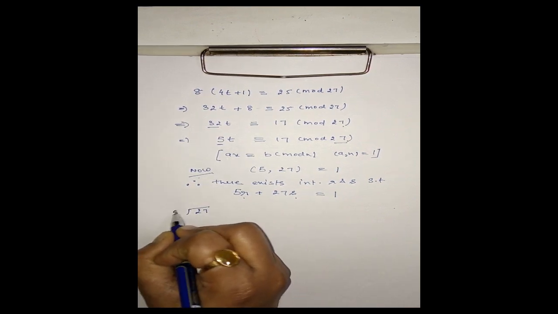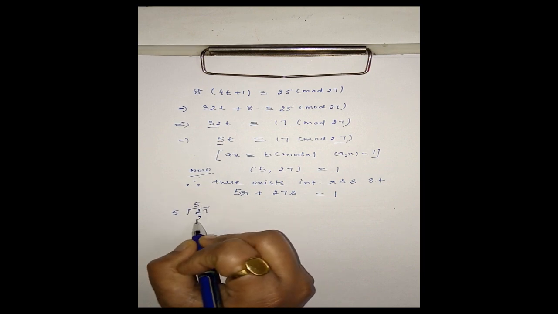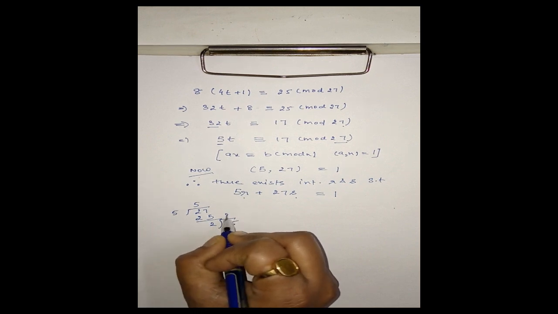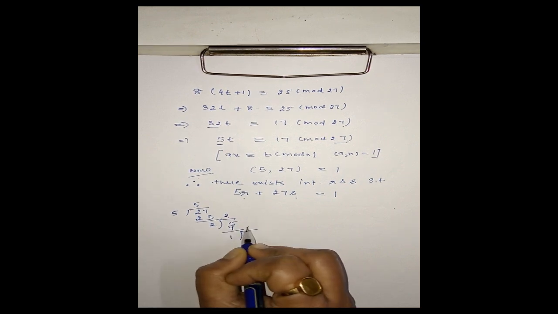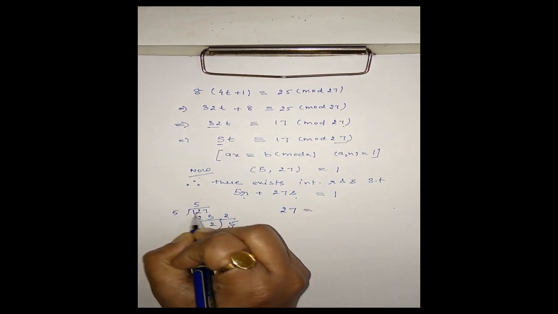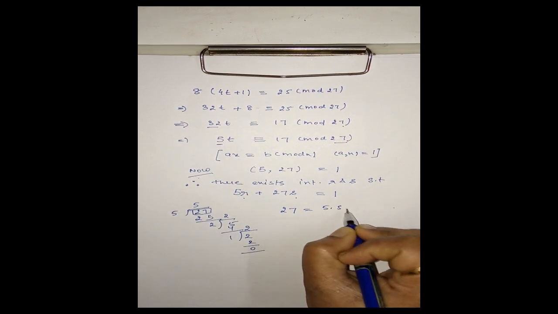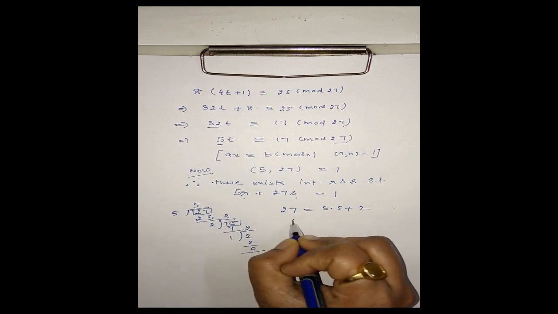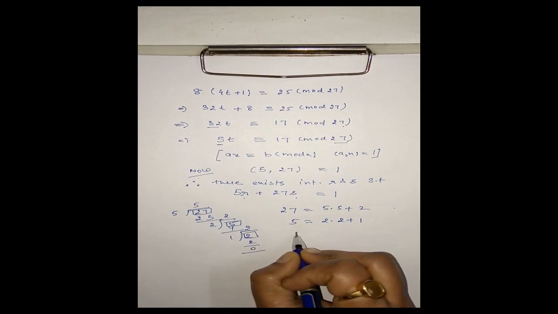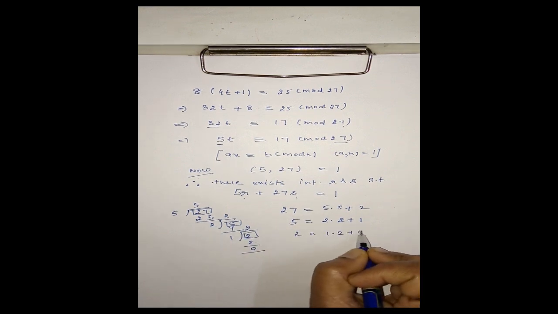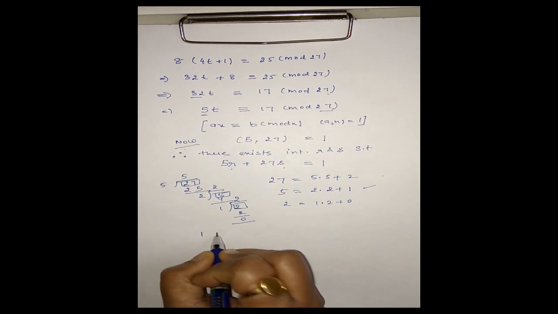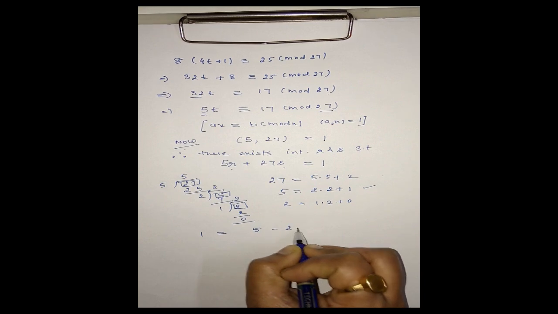First we divide 27 by 5. Here we have 25, then 2, then divide 5, 4, then 2, 2, and remainder is 0. Now 27 is written as 5 into 5 plus 2. Again we write this 5 as 2 into 2 plus 1. Then this 2 is written as 1 into 2 plus 0. We start from the second last equation. Now 1 is equal to 5 minus 2 into 2.